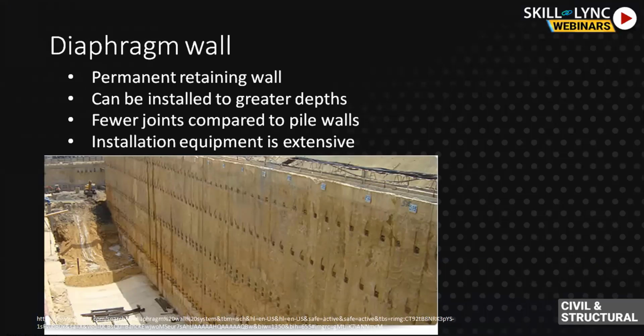For example, in metro cases, we construct a roof slab with a hole in it, then further equipment is placed inside and further excavation is carried out. Then we go for the concourse slab, then the base slab. So the slab itself is used as a prop system. This is top down construction, and it can be used for metro stations.